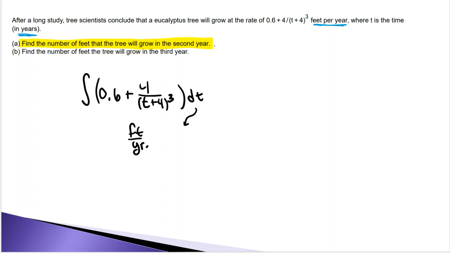So that tells us that this is going to be in years. That's the significance of the dt. It is the units that you're going to use to multiply by to get your feet per year. And so when you cancel your feet per year times year, you're really adding up feet. Okay? So that's what you're going to use to set these up in real life.